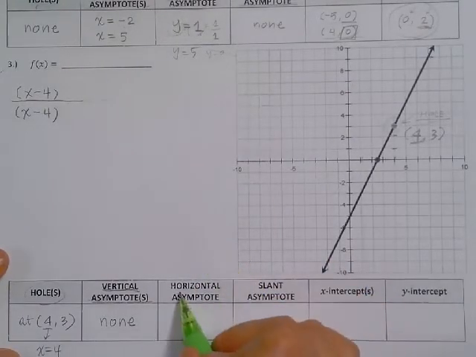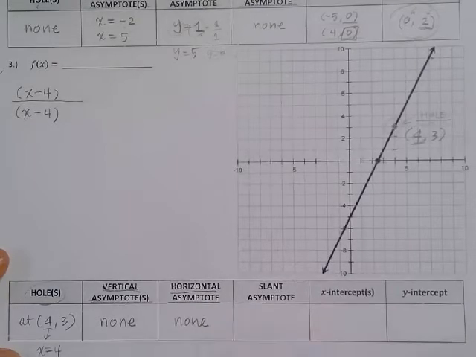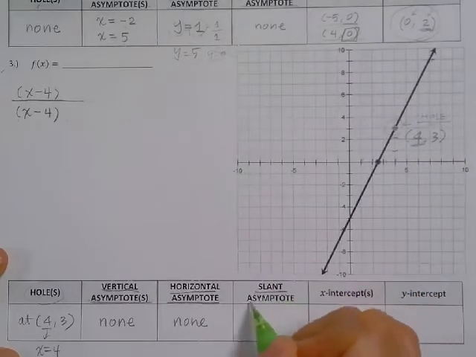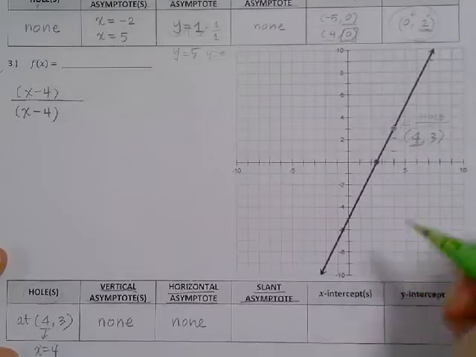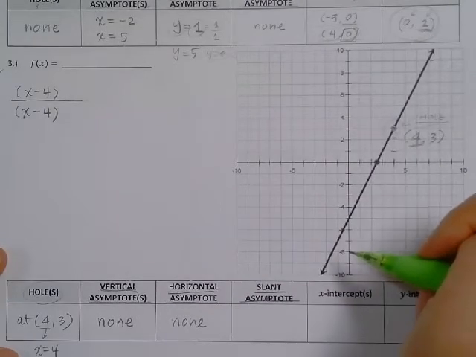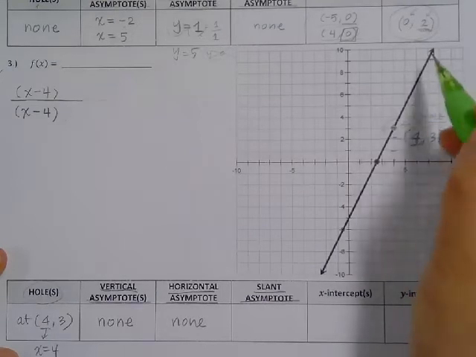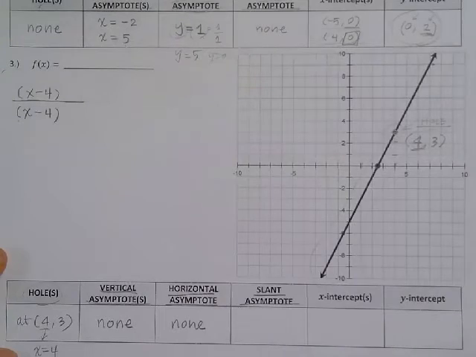Okay, then do I have a horizontal asymptote? No, I don't have any horizontal asymptote. But do I have a slant asymptote? Technically, I don't see any asymptote here, but the resultant graph works kind of as the slant asymptote.